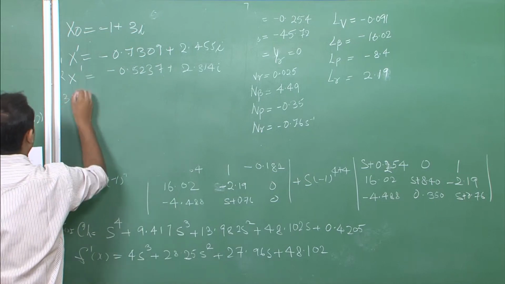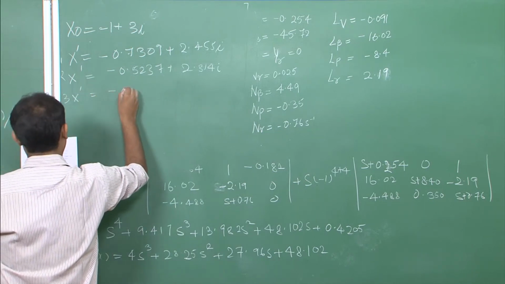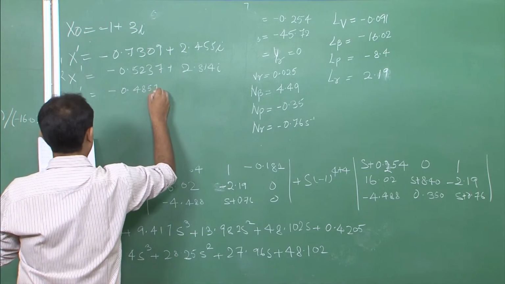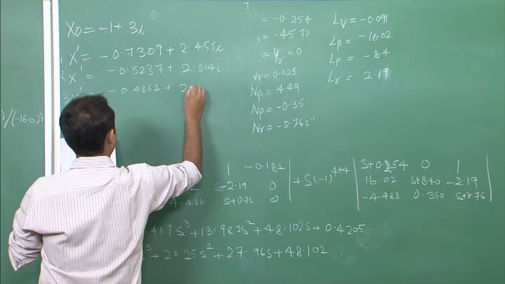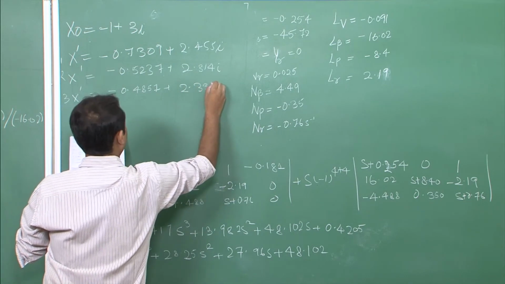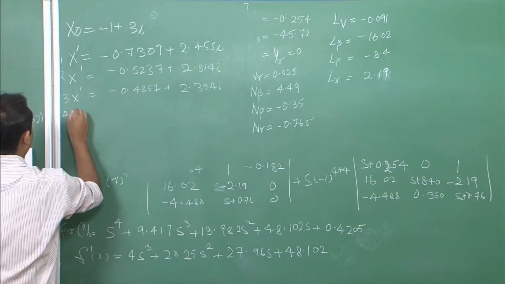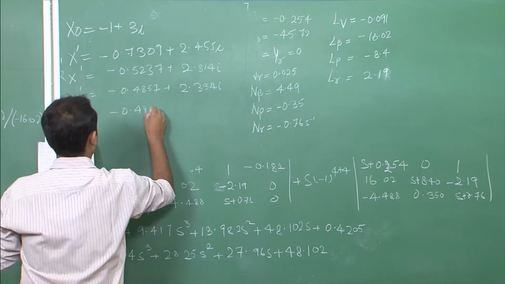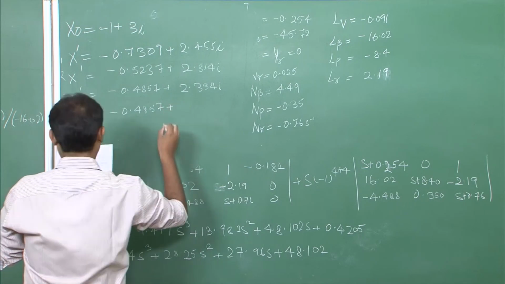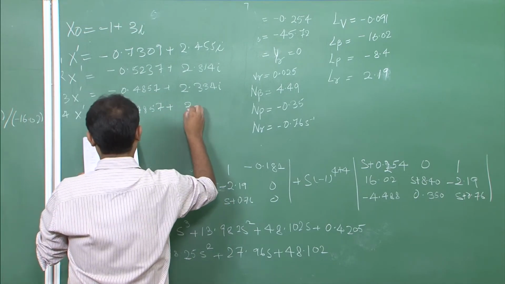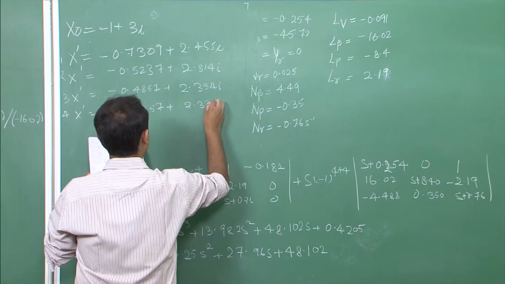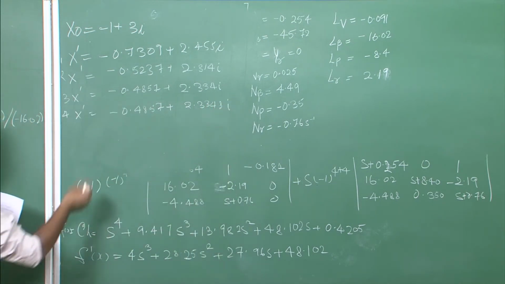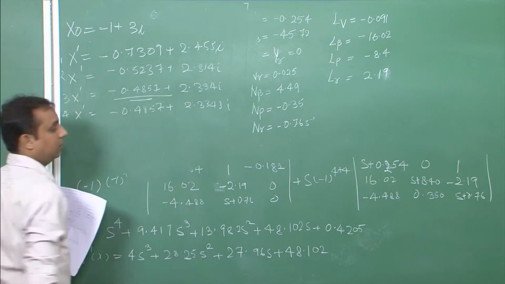Third iteration, minus 0.4857 plus 2.334i. Fourth iteration, x' equals minus 0.4857 plus 2.334i. Now since the values are repeating, we can see that this will be the root of the equation.